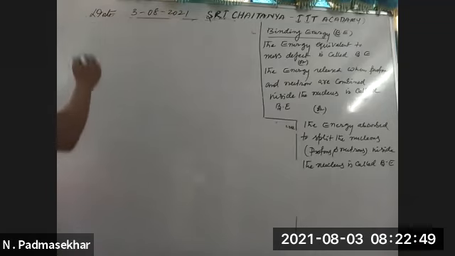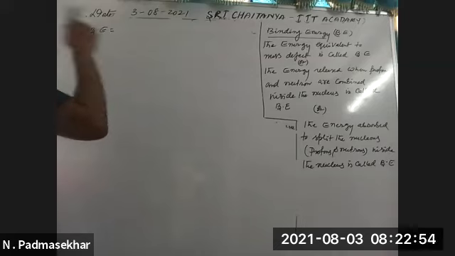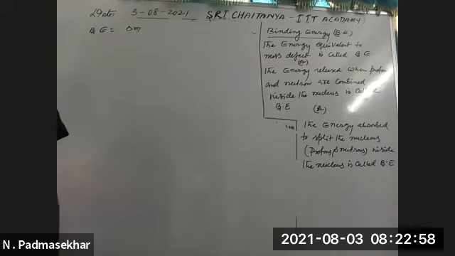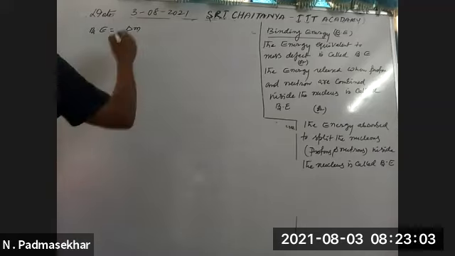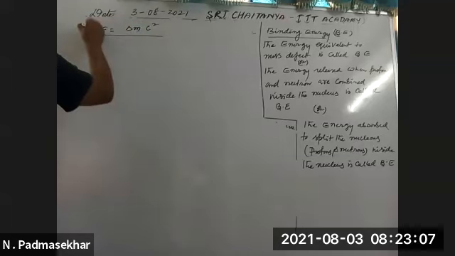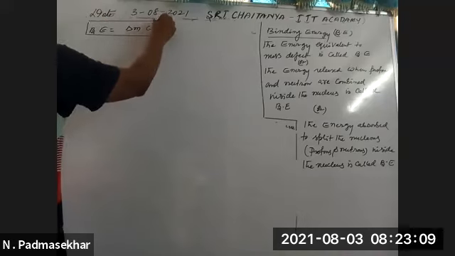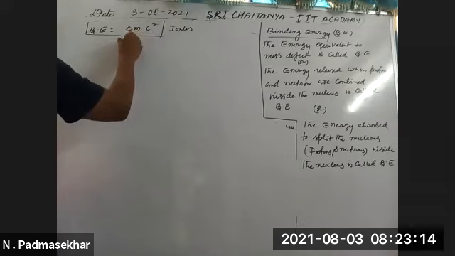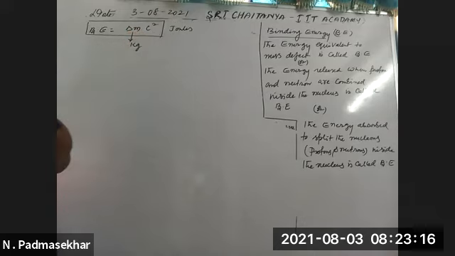So, calculation of binding energy. The energy equivalent to the mass defect, delta M into C square. This will come in joules, with delta M in kg.